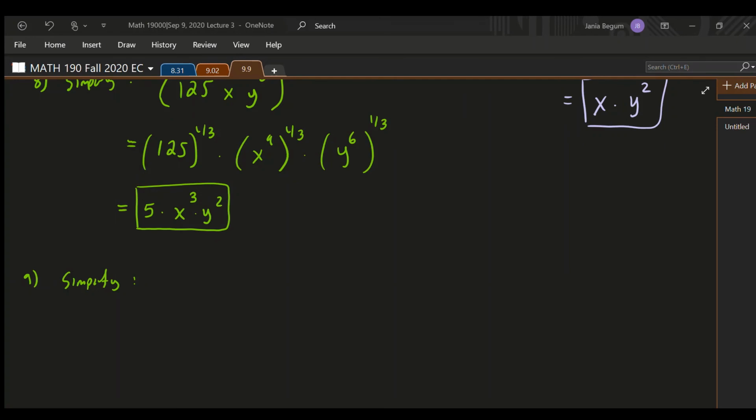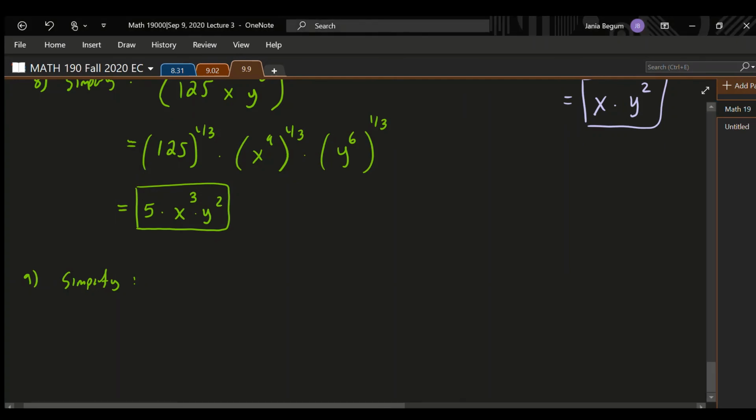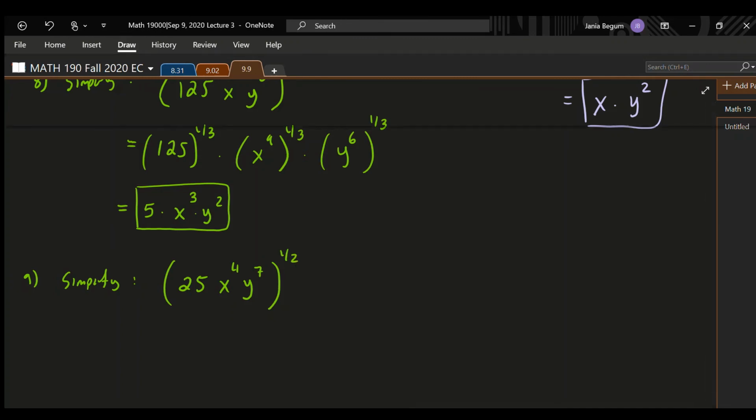Say we have 25 x to the 4 and y to the 7, to the power 1/2. I will let you think about it for a minute, and then I'll work it out with you.